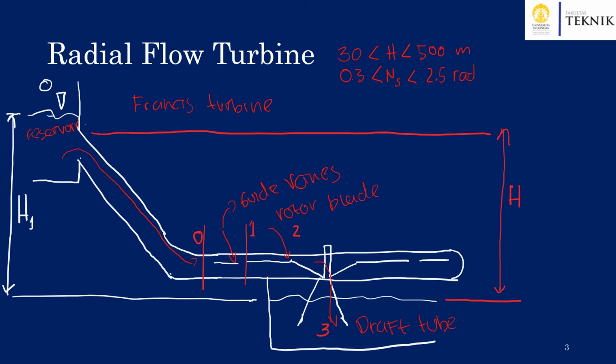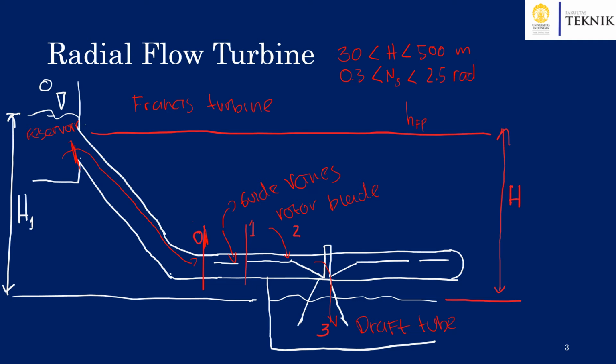And as the fluids interact with some surface, pipeline, bendings and fittings, the first power loss that is experienced by the fluids is the frictional head drop, or small hfp, that is between this point up to point 0 here.